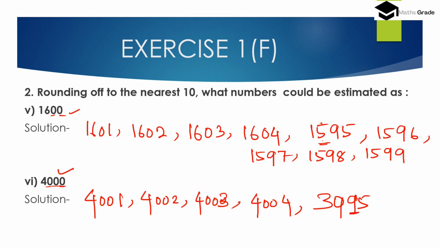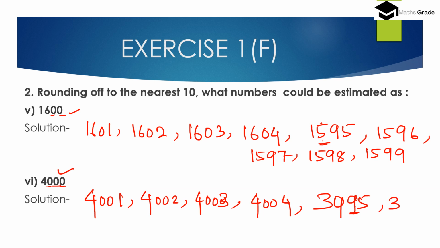Now 9 plus 1 is 10, then carry over 1, add to the hundreds place digit, that is 9 plus 1 is 10, then this carry over 1 is added to the thousands place digit, that is 3 plus 1 is 4. Now 3995 rounded to the nearest 10 will be 4000. So it is a correct number.